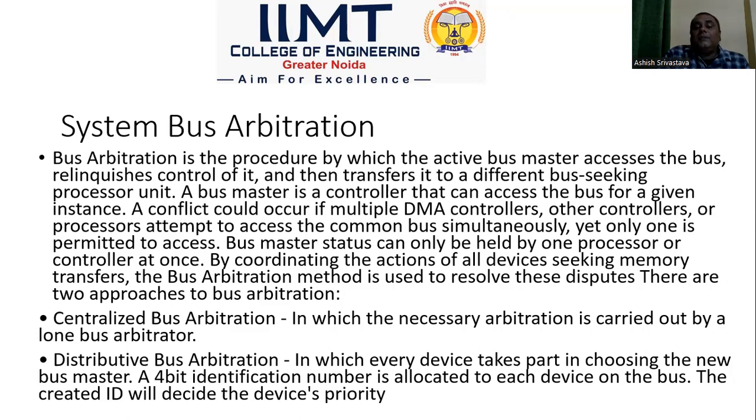A conflict could occur if multiple DMA controllers or other controllers or processors attempt to access the common bus simultaneously, but only one is permitted to access. Bus master status can only be held by one processor or controller at once. By coordinating the actions of all the units seeking memory transfer, the bus arbitration method is used to resolve this dispute.